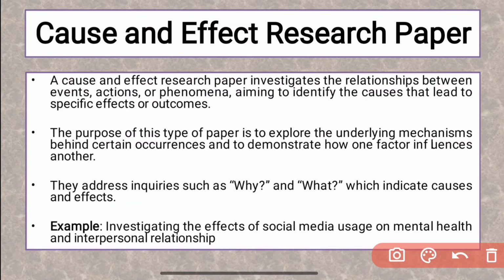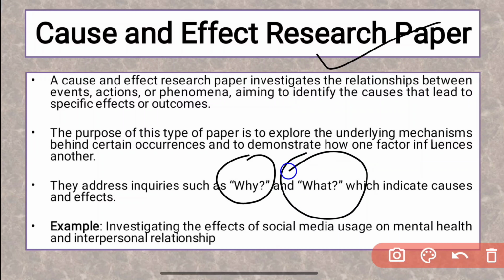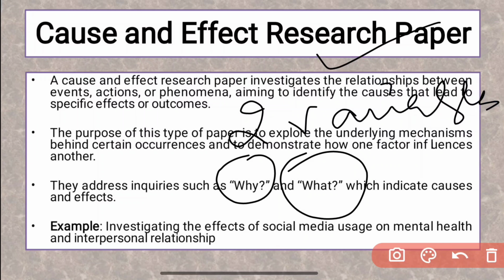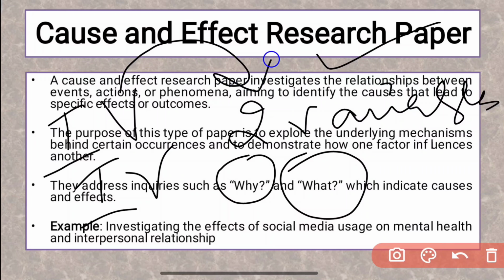Next kind of paper is the cause and effect research paper. Now in this we study why and what about say two variables or more than two variables, right? So there could be one independent variable, two independent variables, and its effect on the dependent variables.